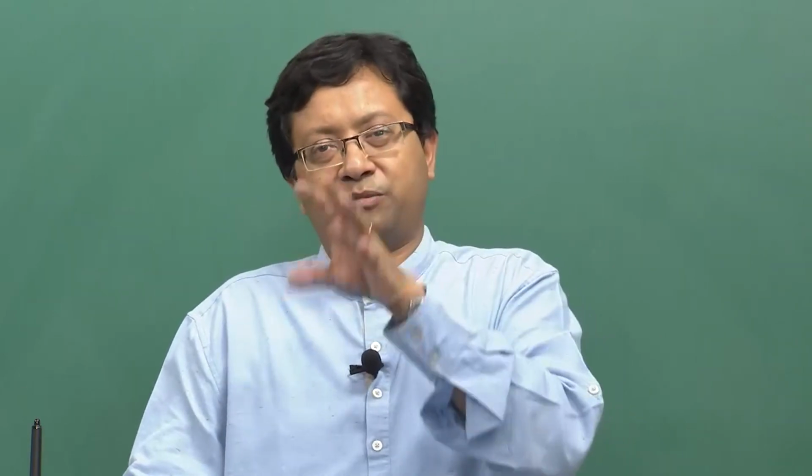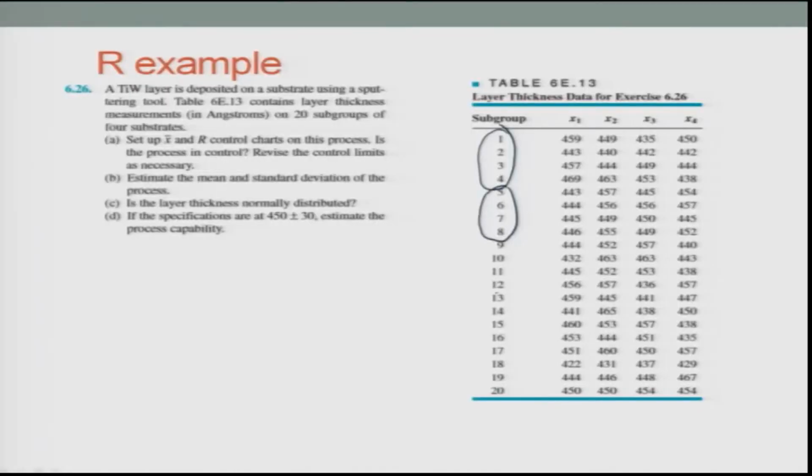Estimate the mean and the standard deviation of the process, to see whether the sample mean and sample standard deviation mimic the population parameters to the maximum possible extent. Is the layer thickness normally distributed? That is the question we need to answer. And the last question is: if the specifications are 450 plus or minus 30, then estimate the process capability and comment intelligently.